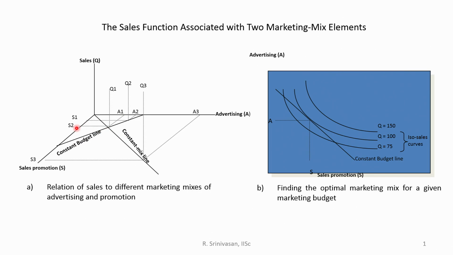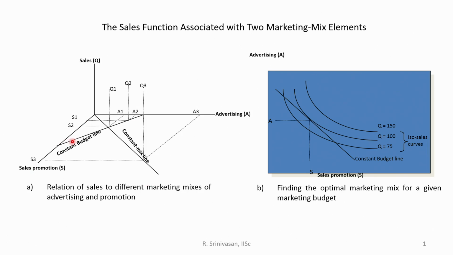promotion. So, this graph, which is in the isometric view, that is a 3-dimensional graph, presents to you the constant budget line. It also presents to you the constant mix line.